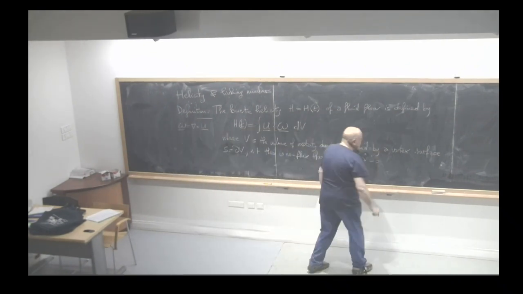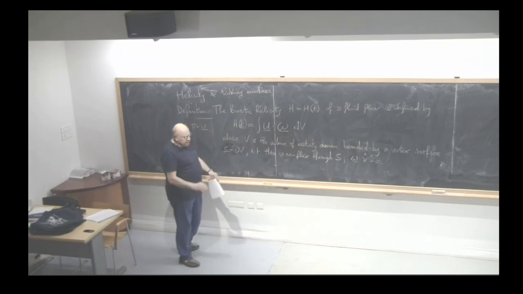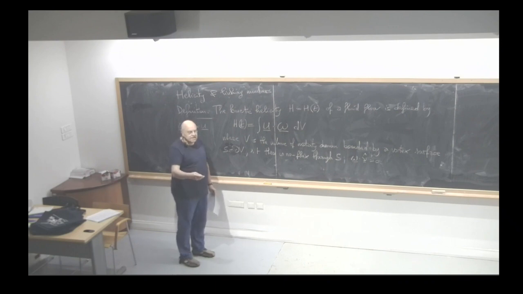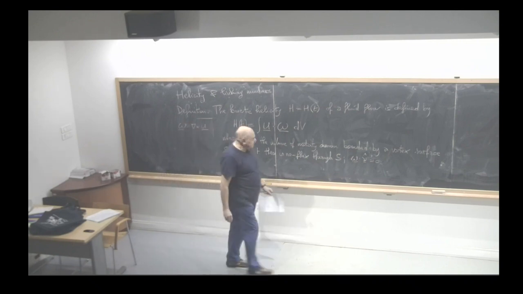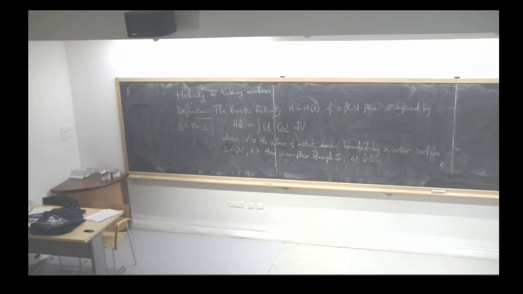So in other words, the boundary of the volume is a surface where the vortex lines are tangential everywhere to this surface. There is no flux of vorticity through it. Okay, so this is the definition.